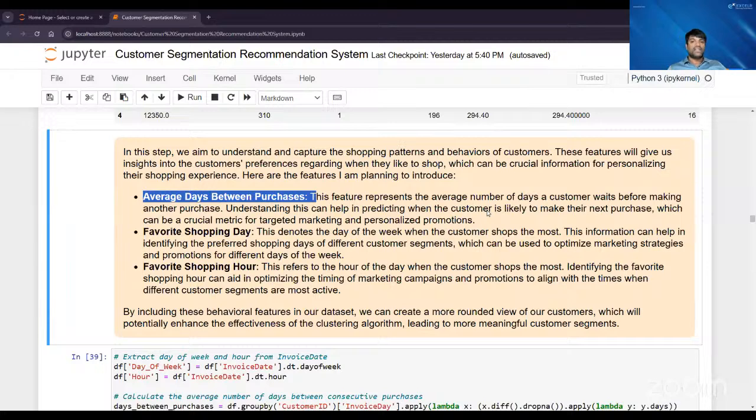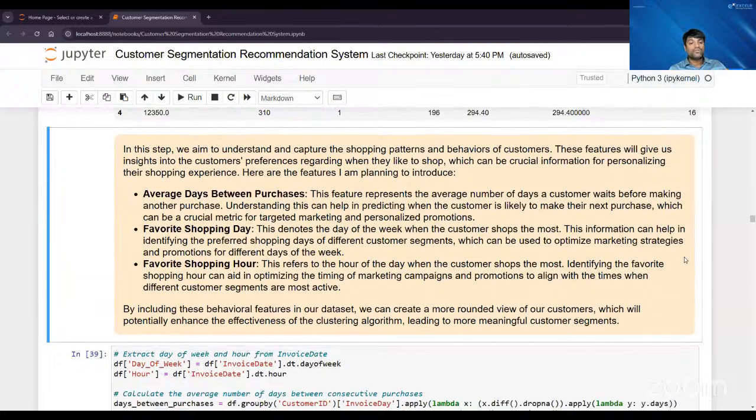That is why our data is collected with the date as well as the time frame. So we can identify the average time between purchases, the favorite day, and the favorite hour or time frame where the customer shows interest in purchasing a product.